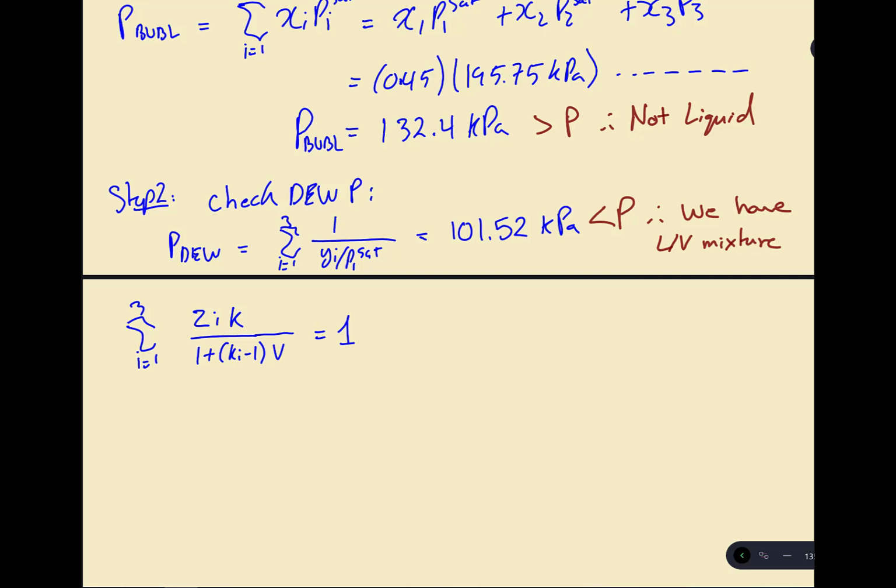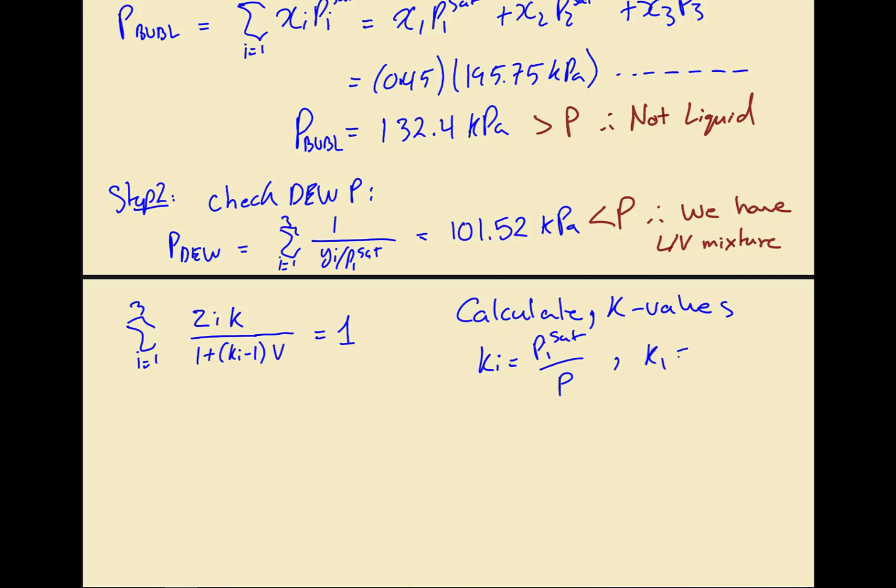So we're going to calculate the K values. K_i equals P_i sat over P, so for K1 it's going to be 195.75 kilopascals divided by 110.